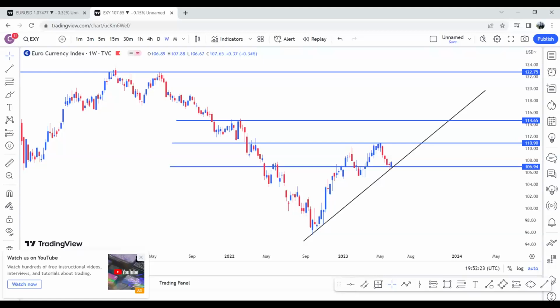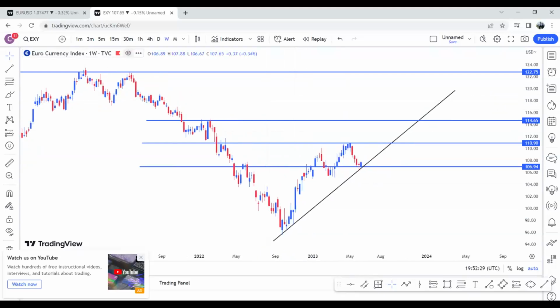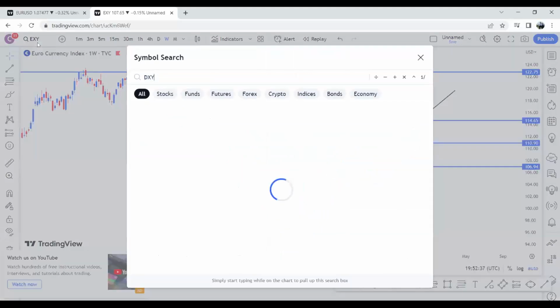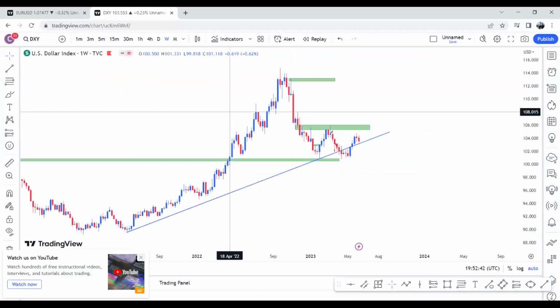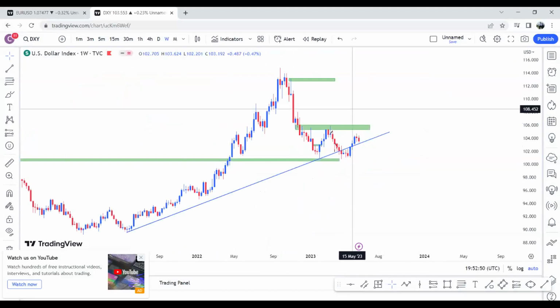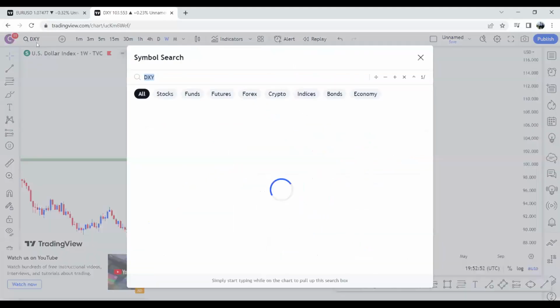We have the dollar index and we have the euro index. The euro index is the EXY. The EXY gives the direction of the euro, and the dollar index, called the DXY, gives the direction of the dollar. What I tell people all the time is that the best thing to do for yourself is to first analyze the dollar index or the euro index before making a decision.